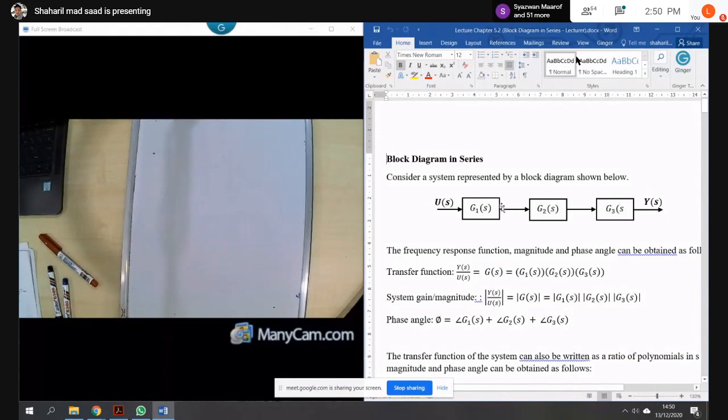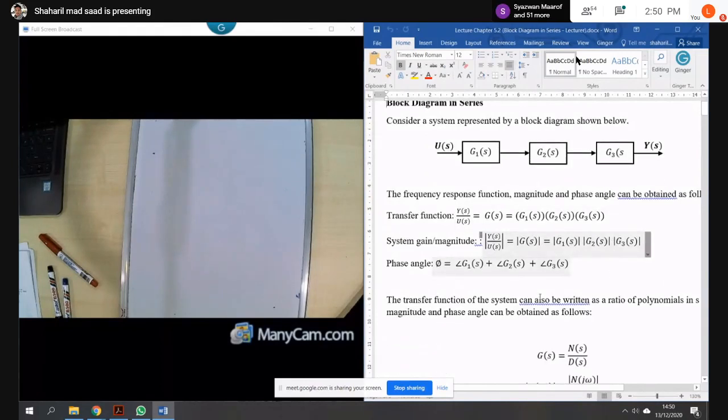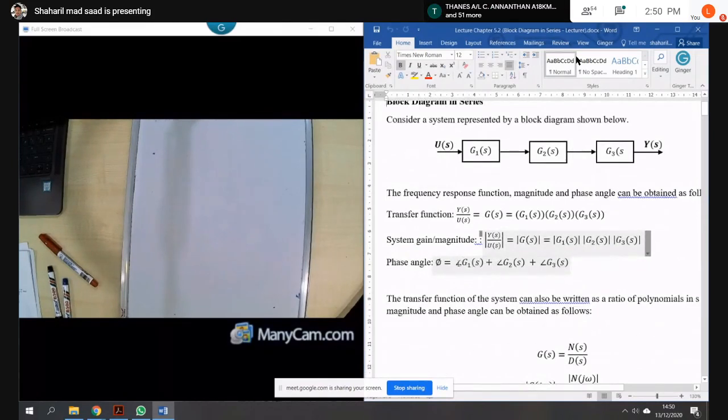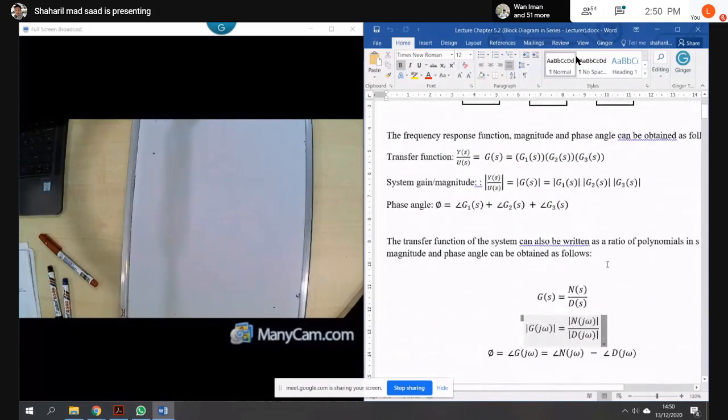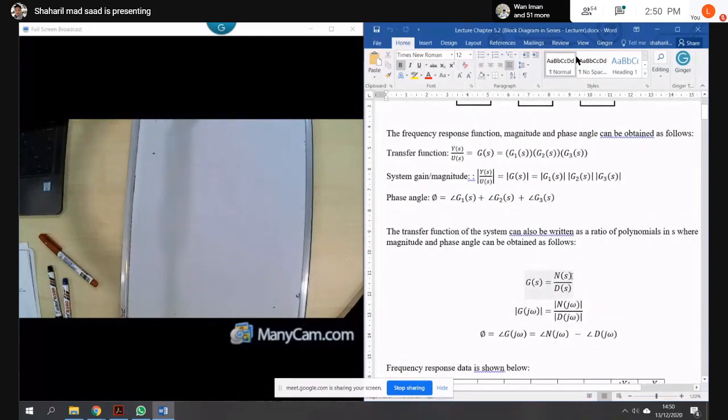And then you can find the magnitude for each gain. And for the phase angle, you just add the phase angle for G1, plus the phase angle for G2, and plus the phase angle for G3. And bear in mind, if you have the denominator or poles, you need to subtract the phase angle.